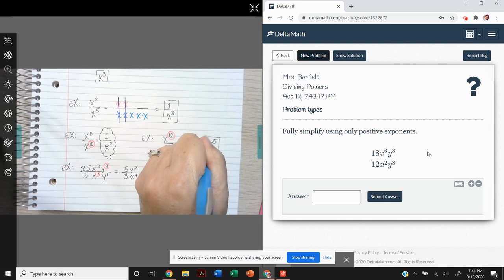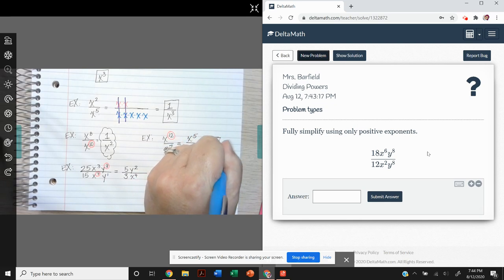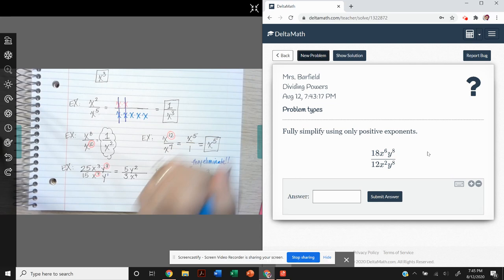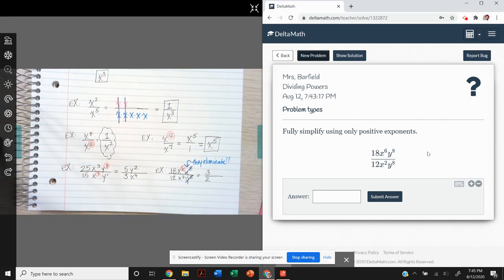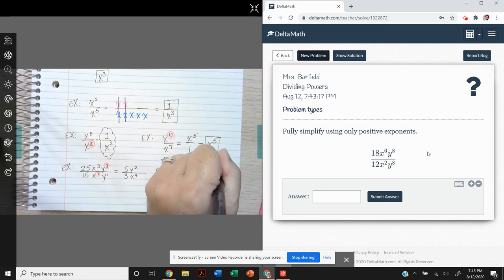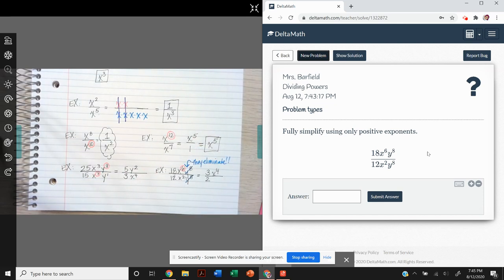It's only these, because there was the same exponent and the same variable. So that means my problem is only going to have an x, and it's going to be in the numerator because that's the one I circled. So 6 minus 2, 4.